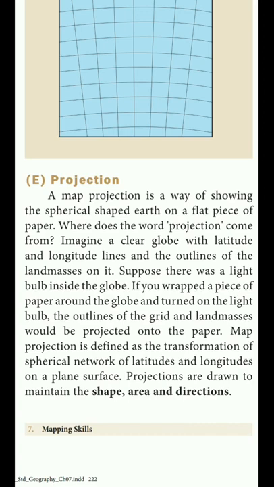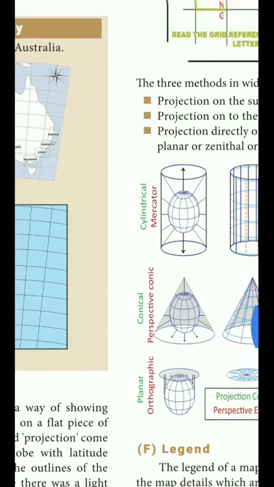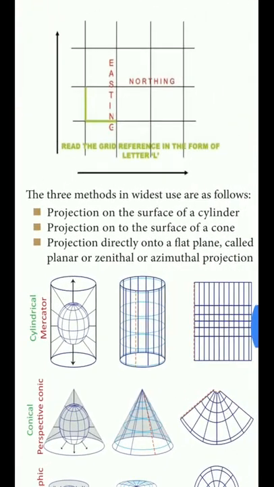Okay. Now listen, there are 3 methods of projection. How many methods of projection are there? Listen, can you see these grid lines? That is the eastern and the northern line, isn't it?